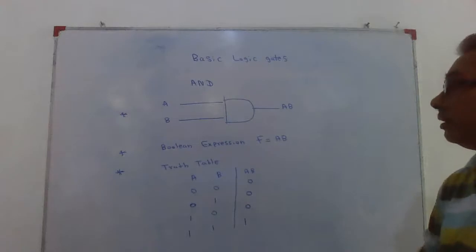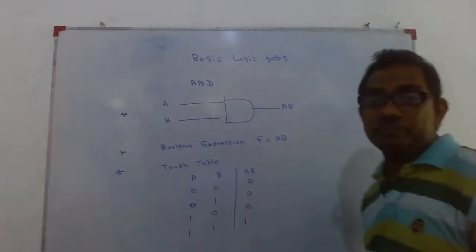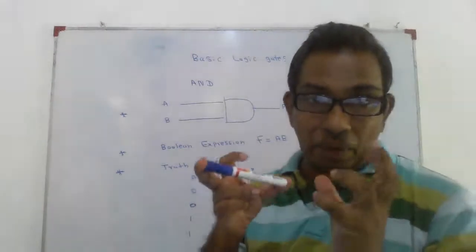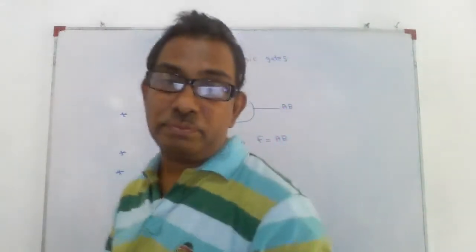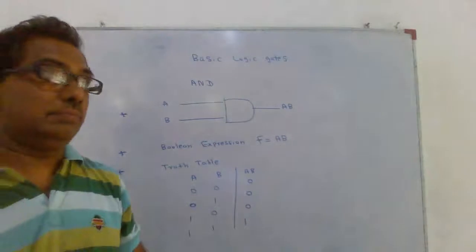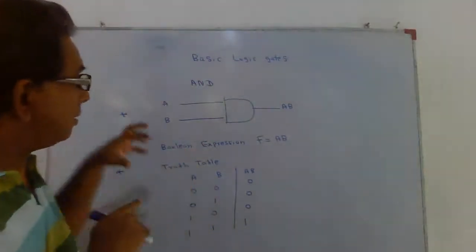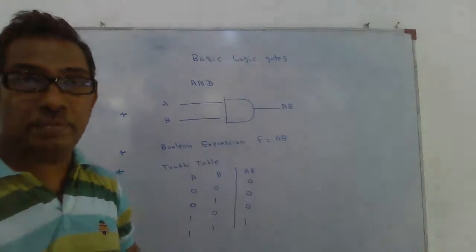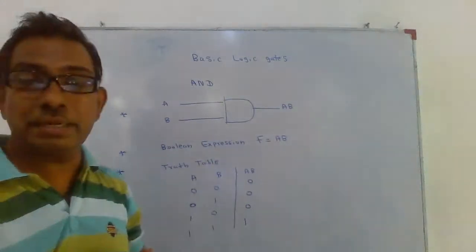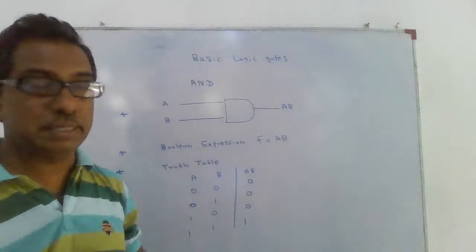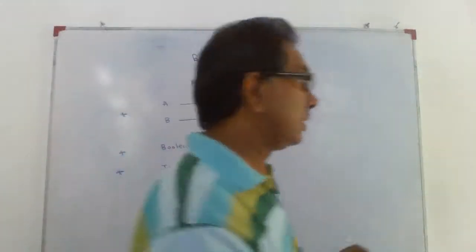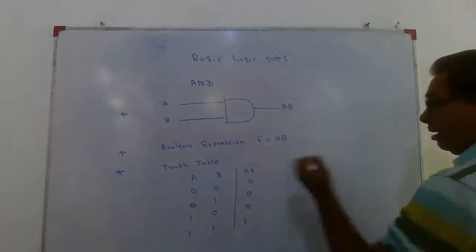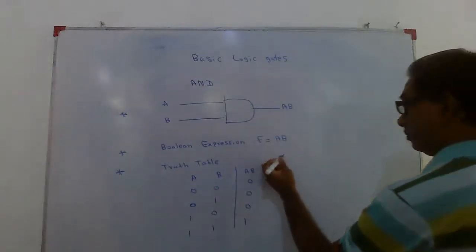Rather than these three, I would like to show you a small example to understand the AND gate with a simple circuit diagram, a very simple circuit. We can draw it like this.